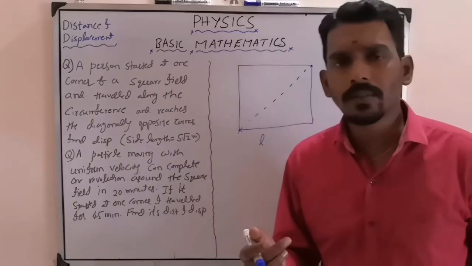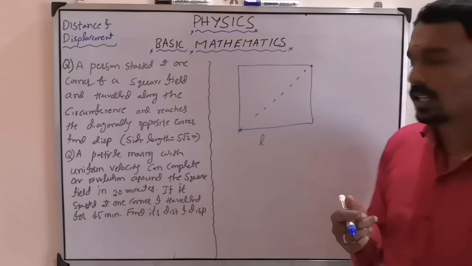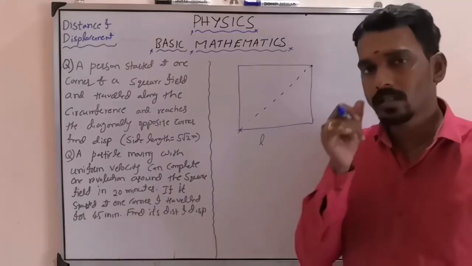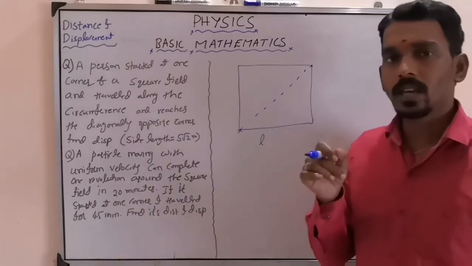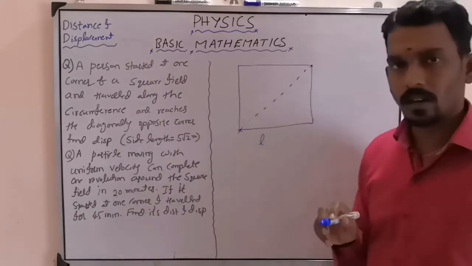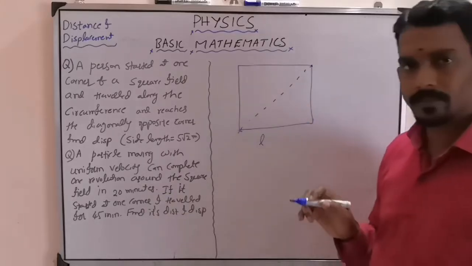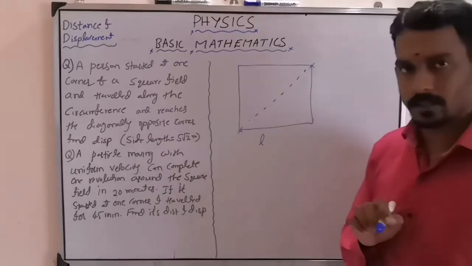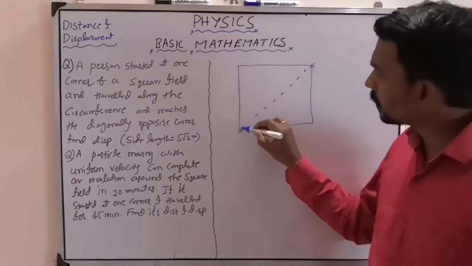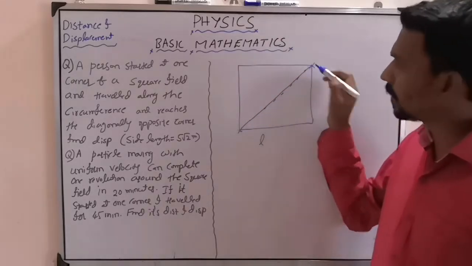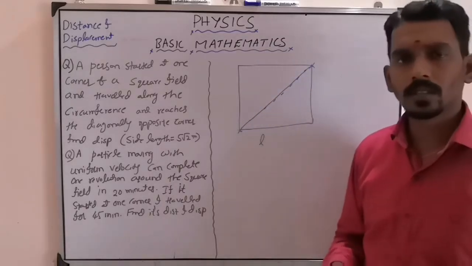What is the definition of displacement? Displacement is nothing but the shortest distance between the initial and final position. So if you understand, this is the initial position and this is the final position. Then this is the shortest distance between initial and final position.